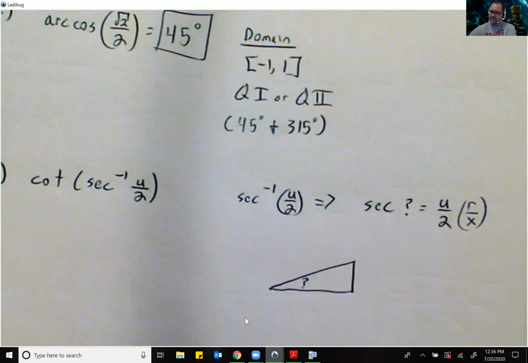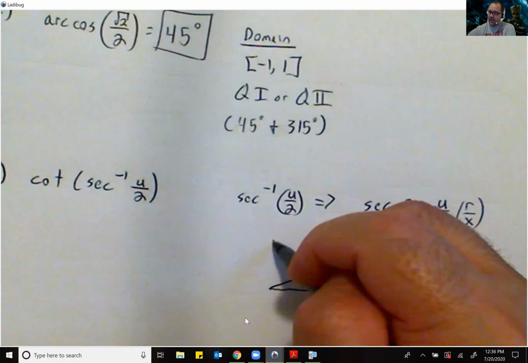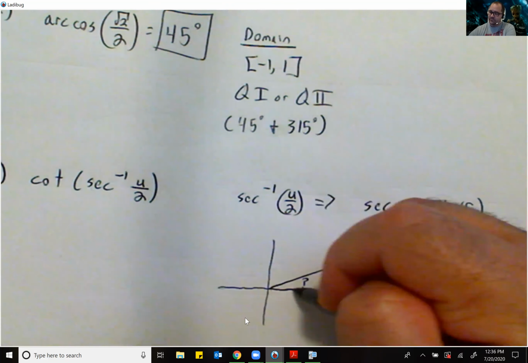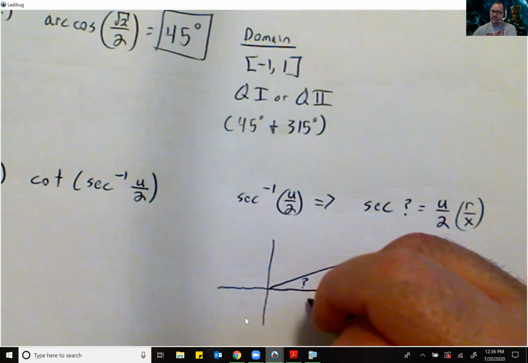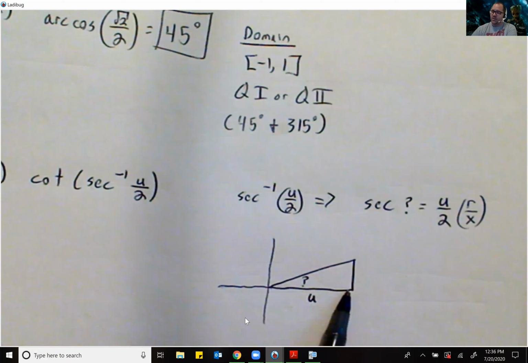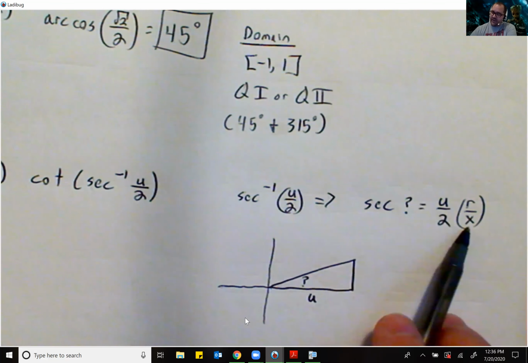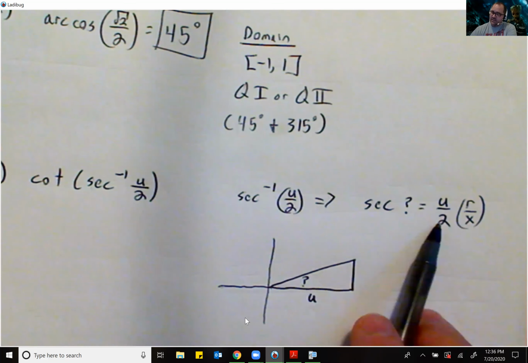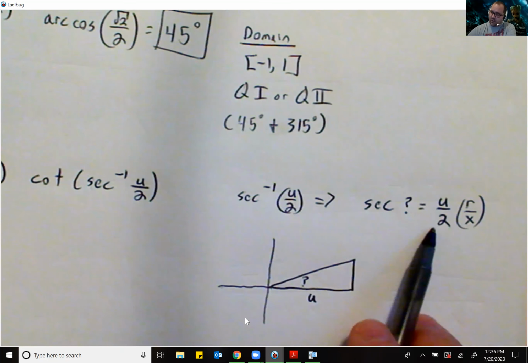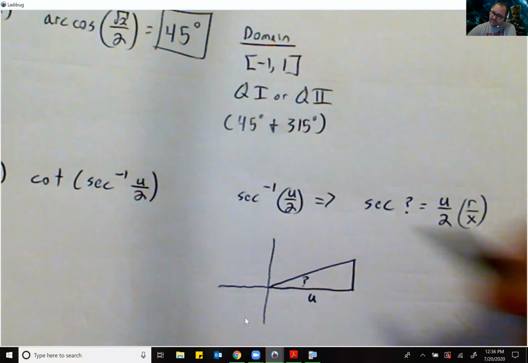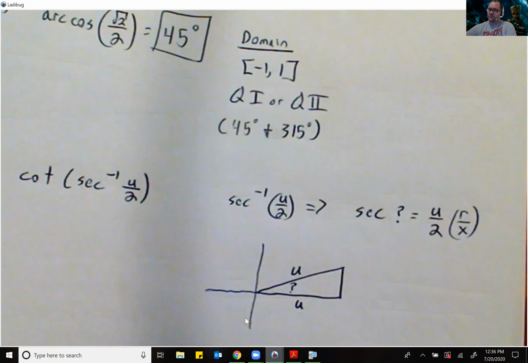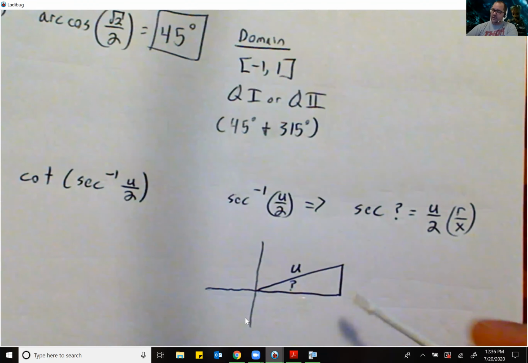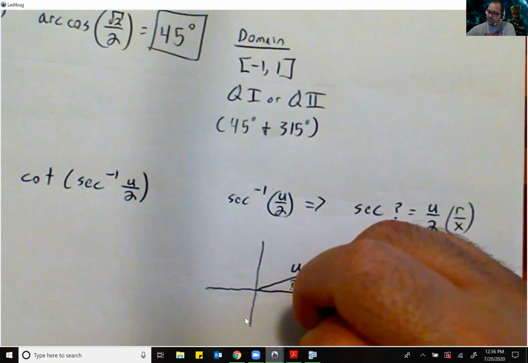So again, if you're thinking about this as a circle on the xy axis, our r is u. There's our radius. And then obviously the x is 2. Oh, sorry, I put the r in the wrong spot. This is our r. Our r is u, and our x value is actually 2.